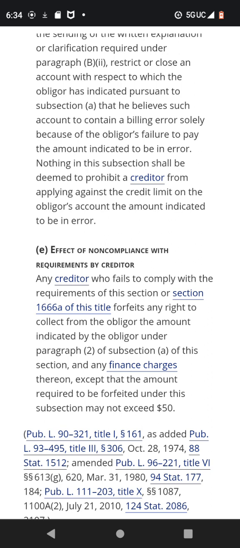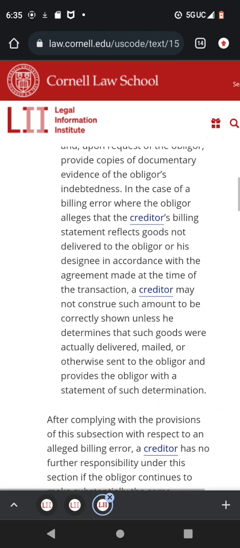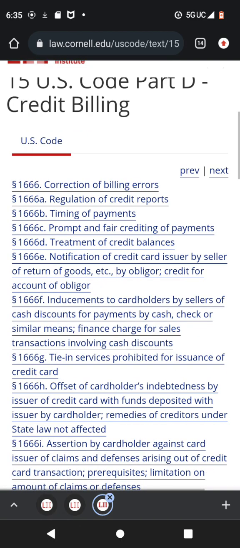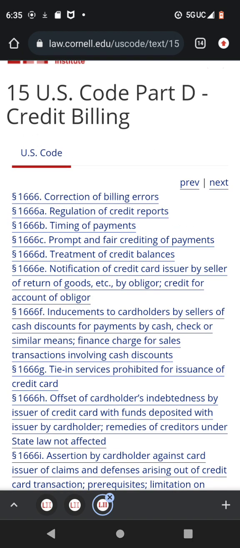For non-compliance with requirements by creditor: any creditor who fails to comply with the requirements of this section or section 1666a of this title forfeits any right to collect from the obligor the amount indicated by the obligor under paragraph 2 of subsection A of this section, and any finance charge thereon, except that the amount required to be forfeited under this subsection may not exceed $50. Okay, excuse me guys, like I said, my sinuses are killing me. Okay, so you go through this.